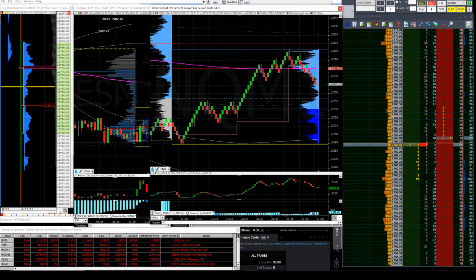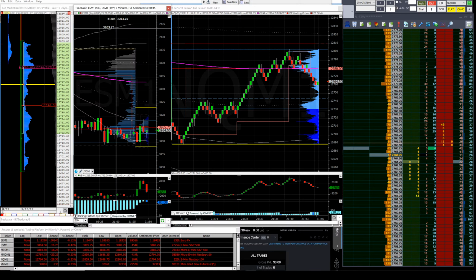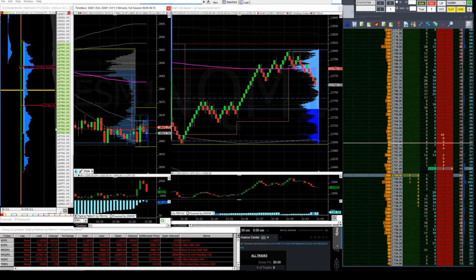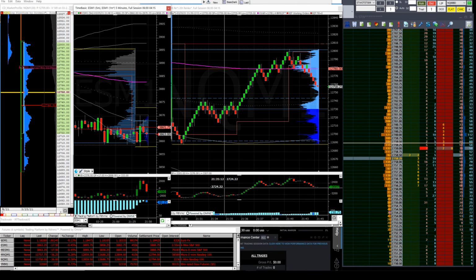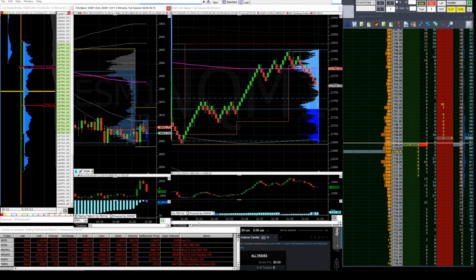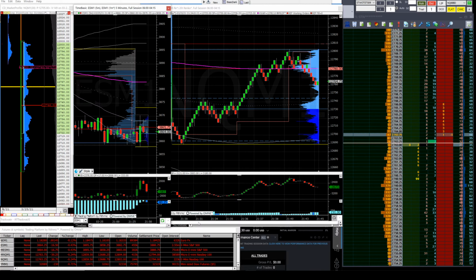And why are we doing this? ES is not selling off hard. The Delta's come right back to basically where it was. They didn't take it down to the value area low.